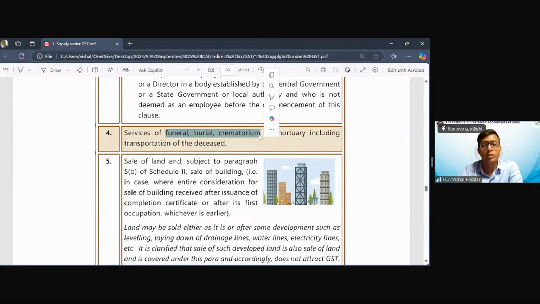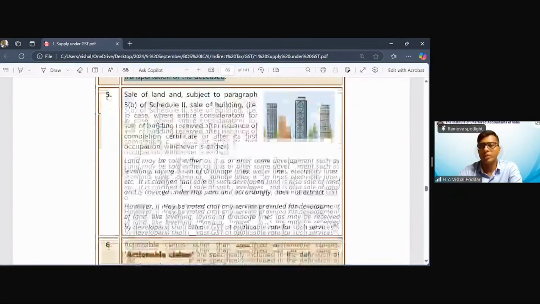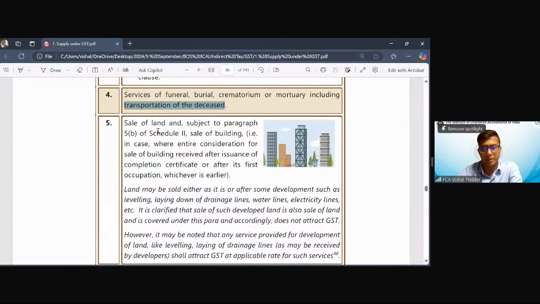All these are different rituals, and let me inform you, dear students, there is a price for that. Nothing is free. So you have to pay a price to get these things done. Similarly, till the time this is done, many times the dead body is kept in the mortuary, for which there are some charges, and also the transportation of the dead body. All this is covered in this para 4 and example.